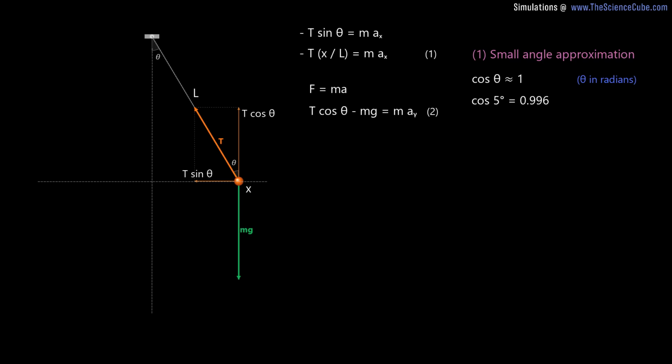And if you calculate the error of this approximation, it would be about 0.4%. Even cos 10 degrees is about 0.985. That is also quite close to 1, or an error of about 1.5%. So smaller the angle, closer the value of cos theta to 1, and that makes the approximation even stronger.